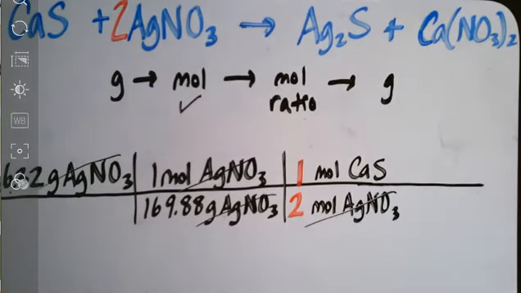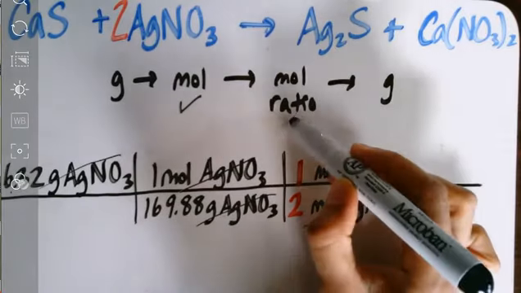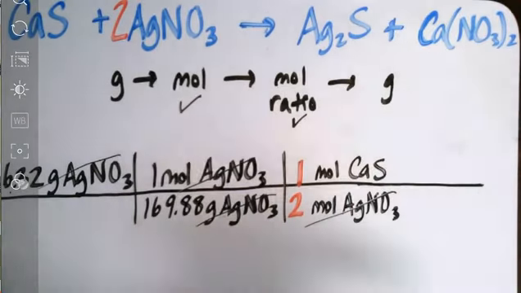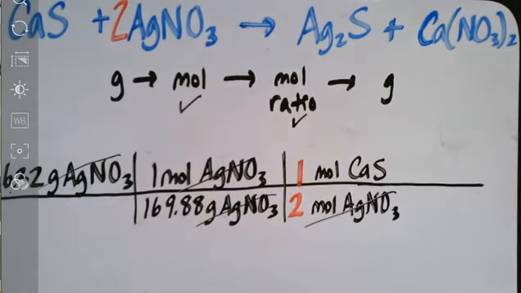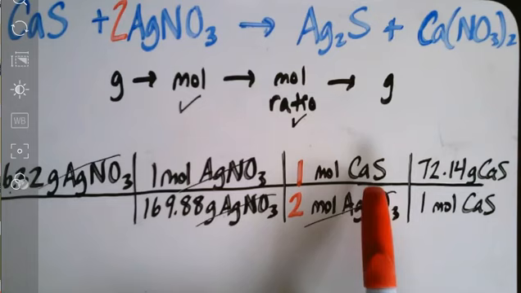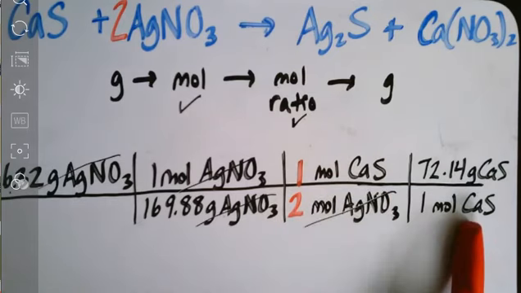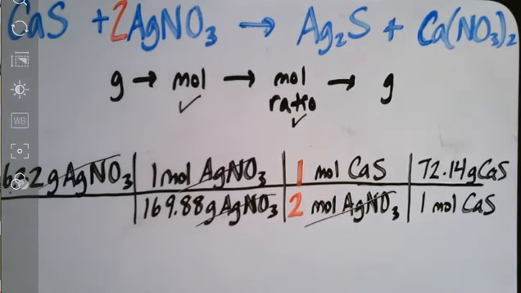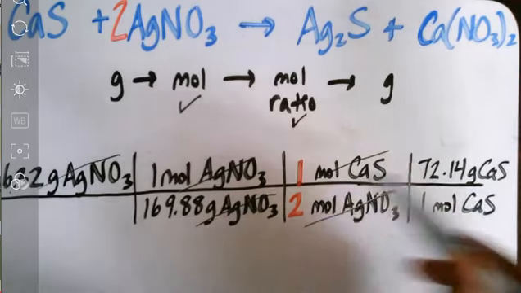Now, if the question was asking for the amount of moles of calcium sulfide, we would be complete with our problem. But since we have to record our answer in grams, we need to take it one more step. So see if you can set this next part up on your own. Notice in this final step that you must put moles of calcium sulfide down here at the bottom so that these units can cancel.